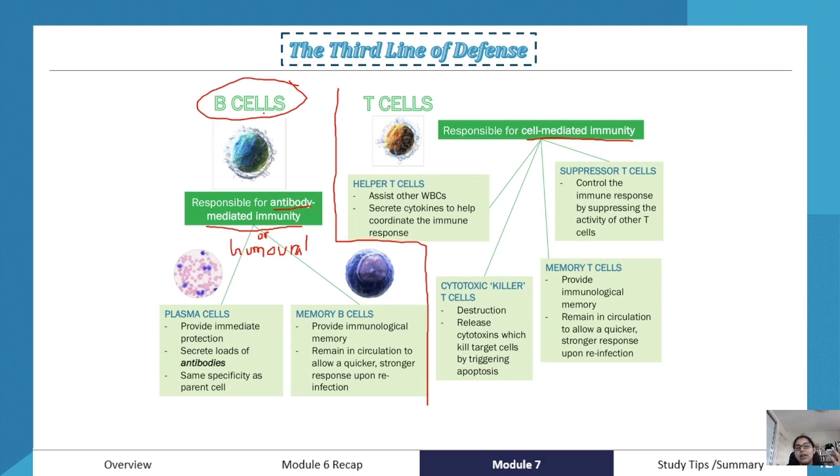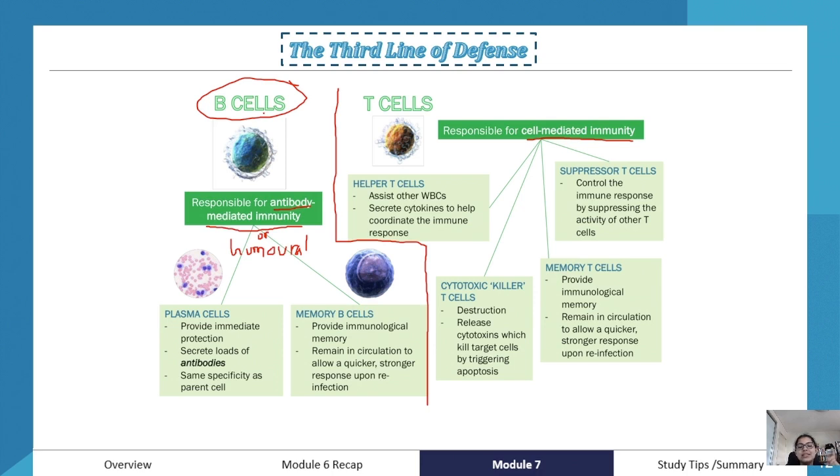Once they latch on to the pathogen, they secrete cytokines to tell everyone, hey, there's a pathogen here, I found it, come along, we need to do the whole immune response. I like to remember the helper T cells as the kind, helpful, really sweet friend in the group.